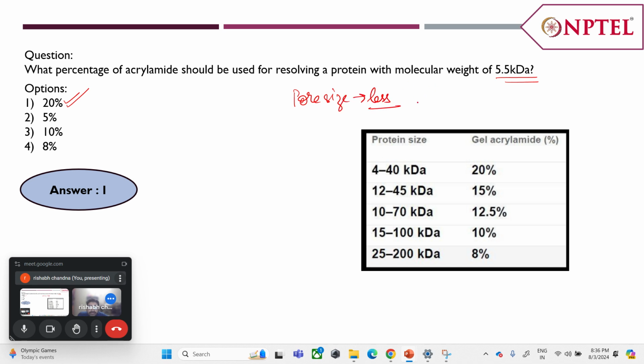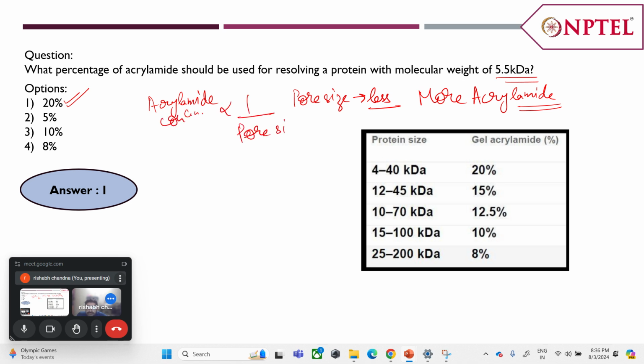So we would use more acrylamide. Remember this thing, when we use acrylamide or agarose, the concentration or the amount is inversely proportional to the pore size. If we increase the concentration of acrylamide, the pore size would be less.